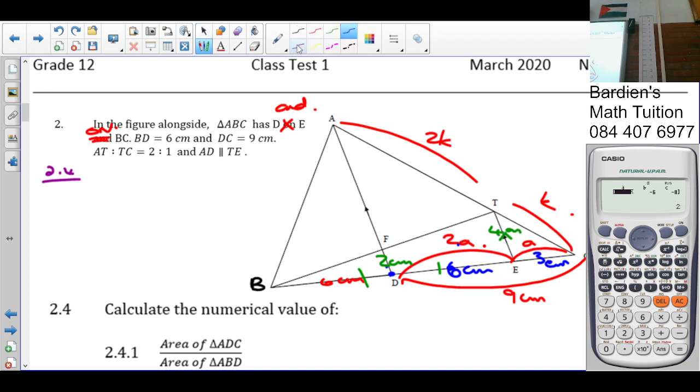They want the area of triangle ADC over the area of triangle ABD.